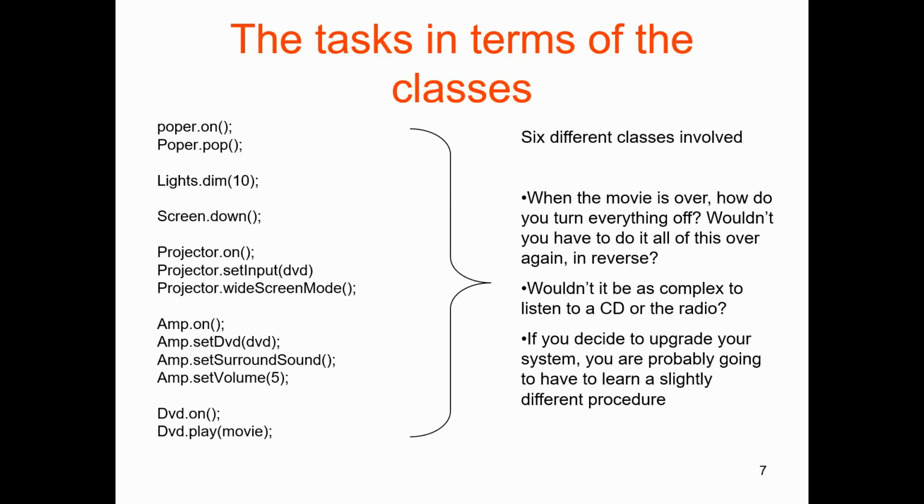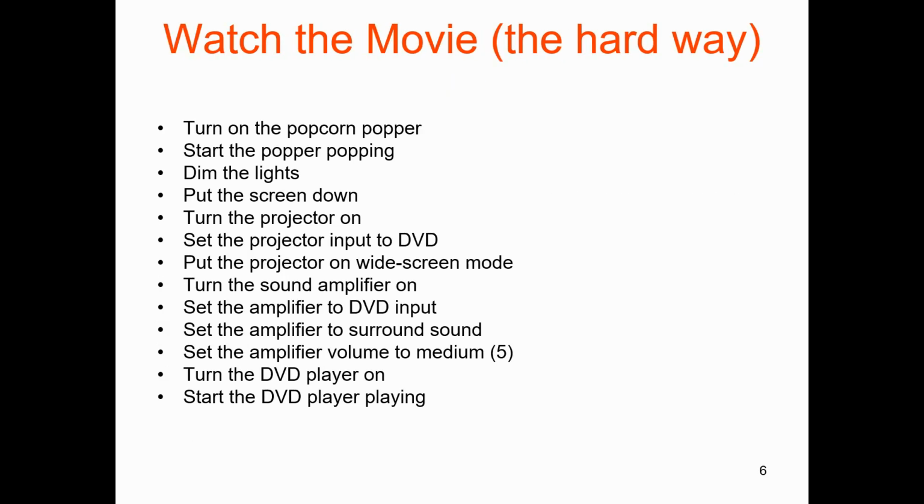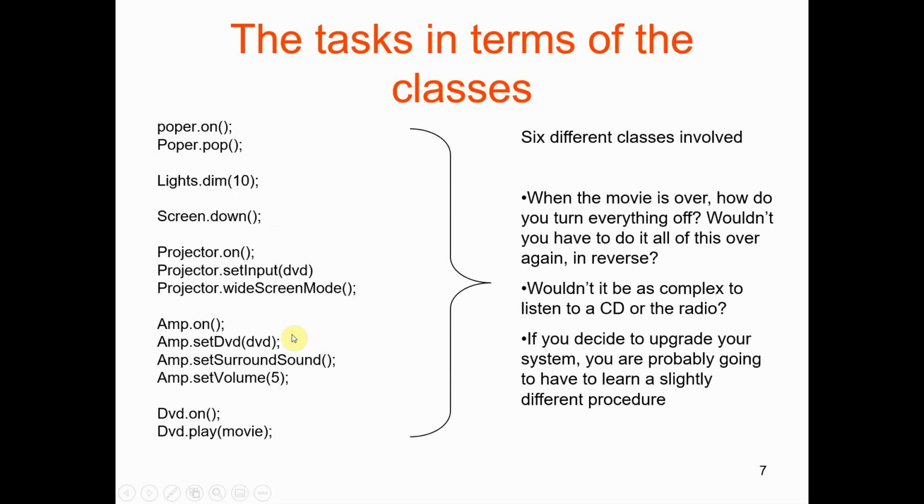So if we translate this watching movie step into source code, we see that we have 6 different classes involved. We have a popper, a light, screen, projector, amplifier, and a DVD player.